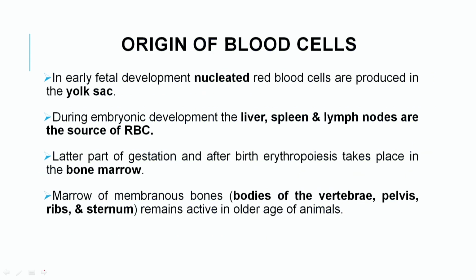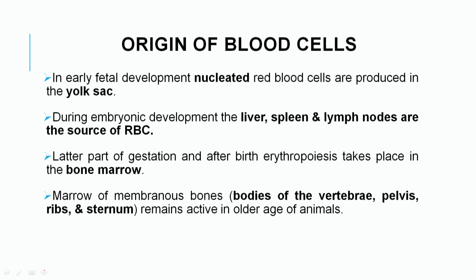Origin of the blood cells. In early fetal development, nucleated red blood cells are produced in the yolk sac. During embryonic development, the liver, spleen and lymph nodes are the source of RBC production. As the fetus grows, in the later part of gestation and after birth, erythropoiesis takes place in the bone marrow of different bones.